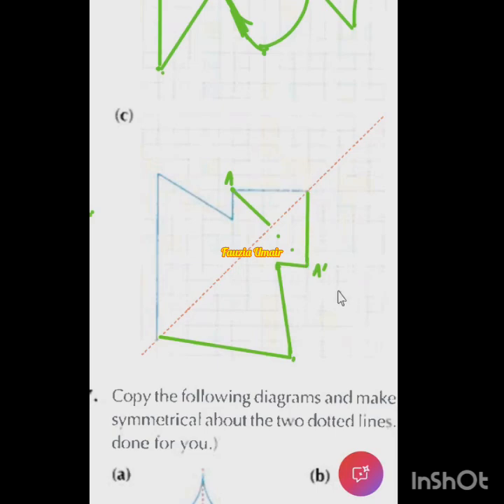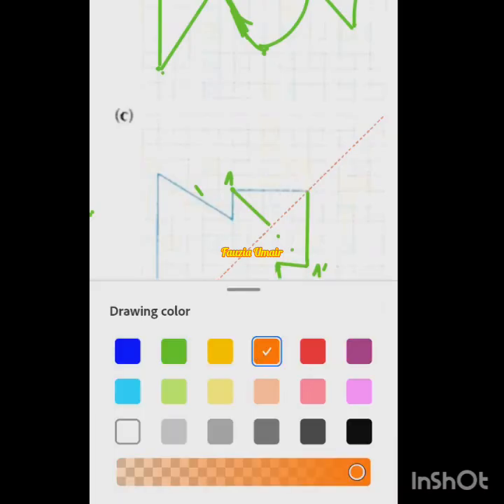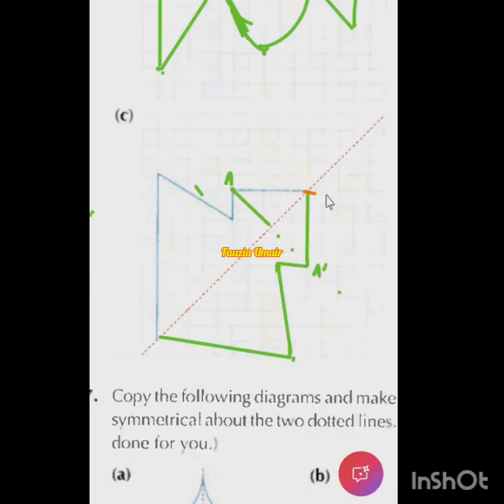So what if we draw it horizontal? No, like horizontal. Ma'am, see the blue line. We extend the blue line forward. So like this? Yes, ma'am.